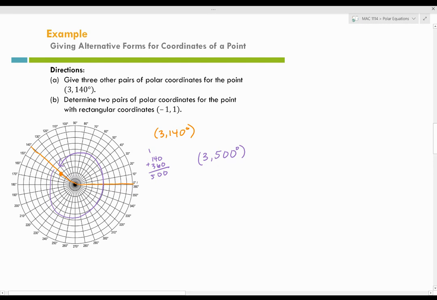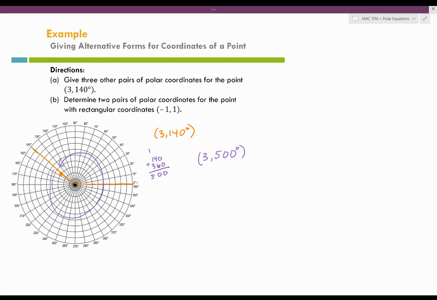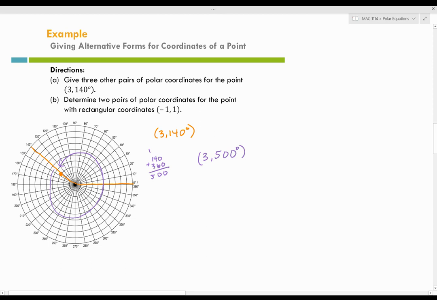Now, another way that I could get there: let's say I wanted to go along this ray, the one that's diagonal from it. Let's say I go 320 degrees this time.